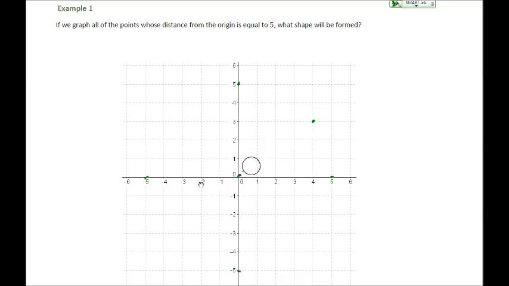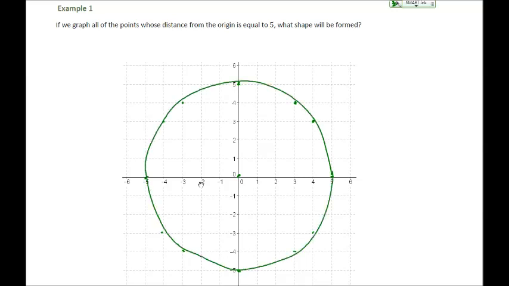So I can use that and also switch the two, so a horizontal distance of 3 and a vertical distance of 4 would also have a length of 5. If I put all those in as coordinates, I would find that all of these points are also a distance of 5 away from the origin.